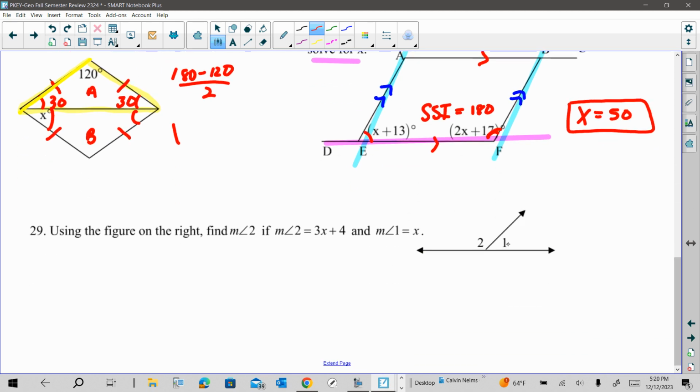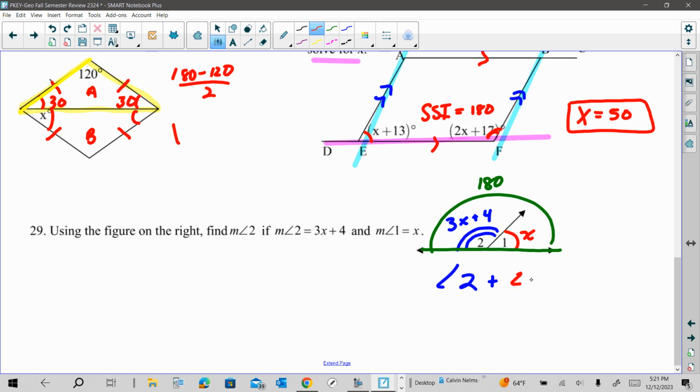And then angle 1 is the x. Angle 2 here, the obtuse, is the 3x plus 4. Whenever we see adjacent angles on a line, every line equals 180. So hopefully we're seeing that angle 2 plus angle 1 equals 180.